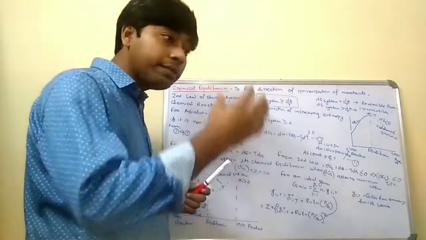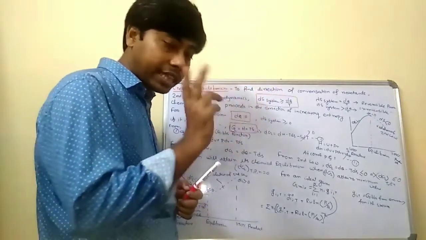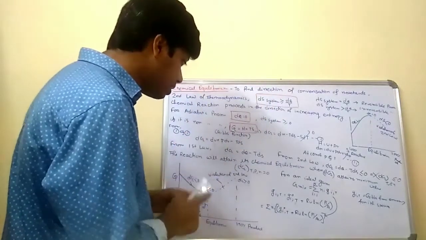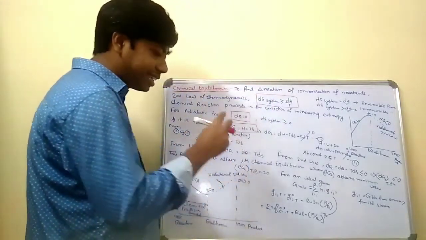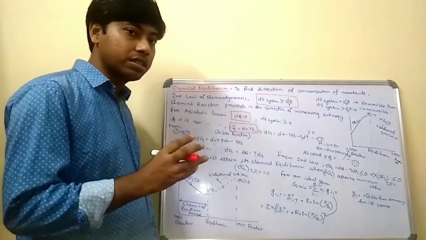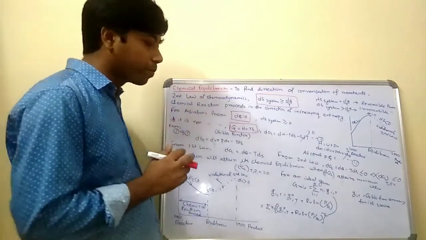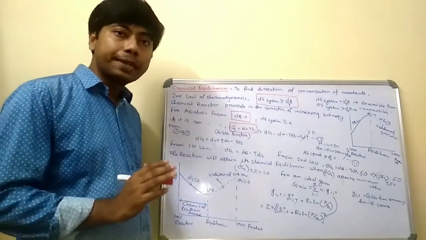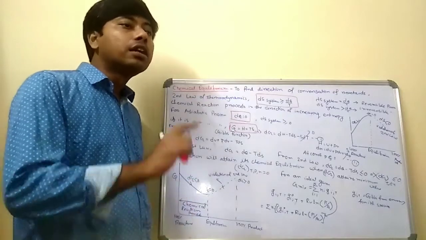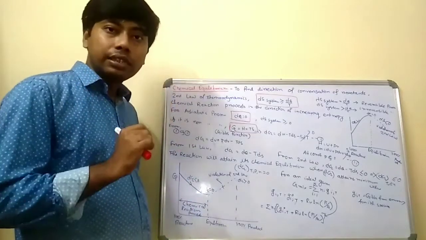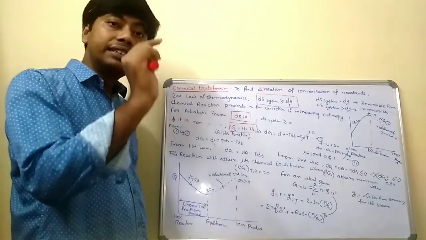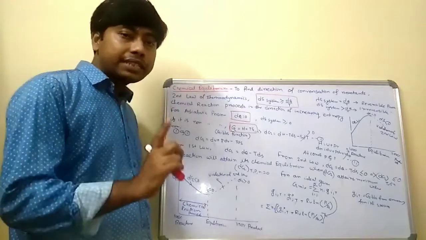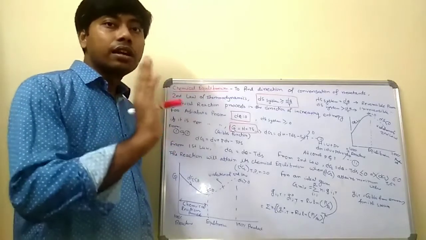Now, when chemical equilibrium takes place, there is a condition: the change of Gibbs free energy at constant pressure and temperature, with a constant number of moles, must be equal to 0. Only then is chemical equilibrium reached.